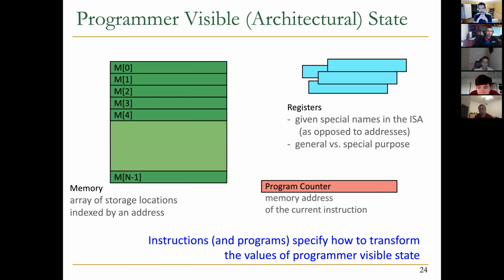You have registers that you can read and write, right? Depending on the ISA we discussed, you might have different types of registers, different numbers of registers, and you have the program counter, which points you to the next location where the computer needs to execute.